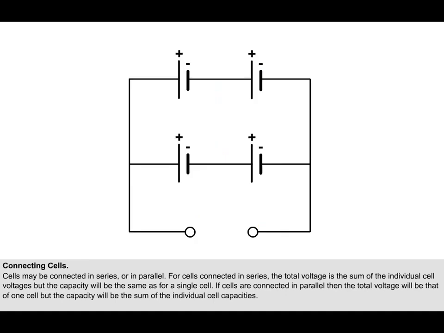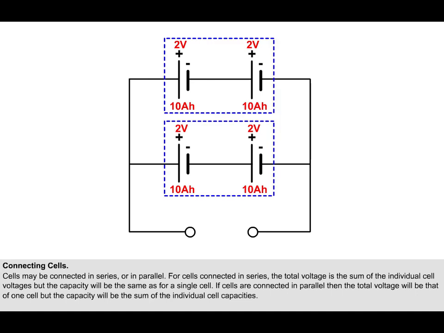The cells can also be connected in a combination of both series and parallel, allowing both the voltage and the ampere hour capacity to be increased. As an example of this, if we take 4 2-volt cells, each with a 10 ampere hour capacity, and connect them as shown, you can see that we have 2 pairs of cells in series, with the pairs being joined together in parallel.